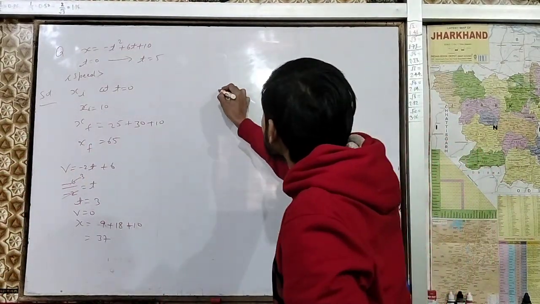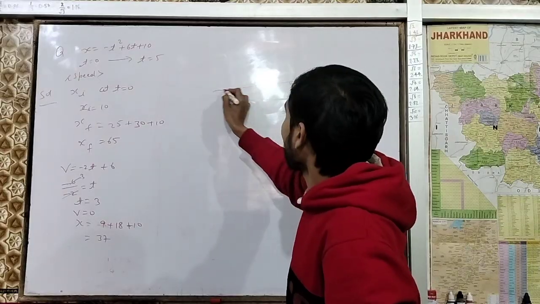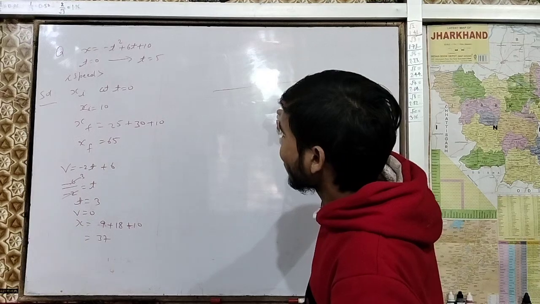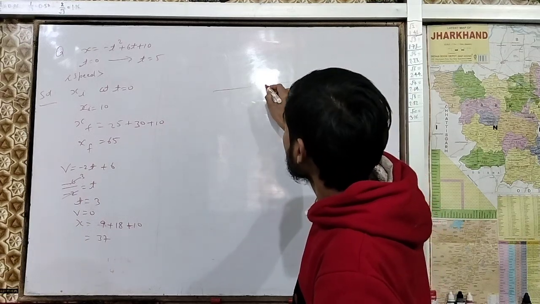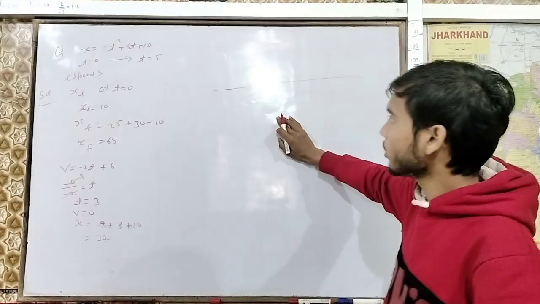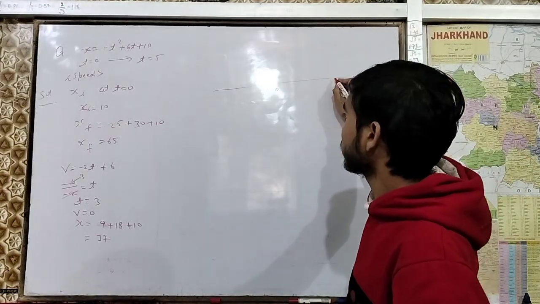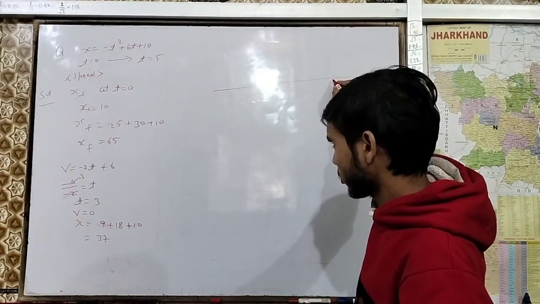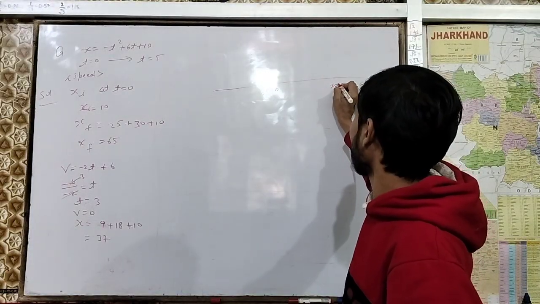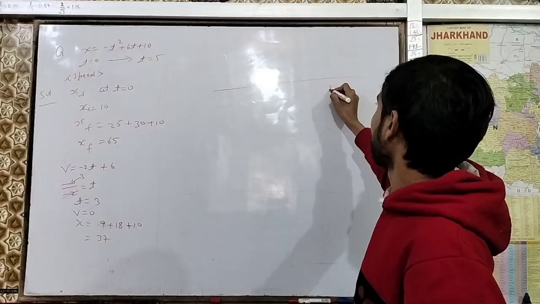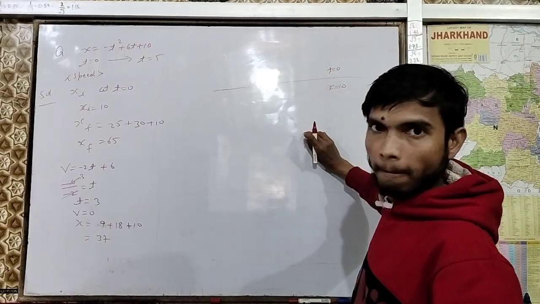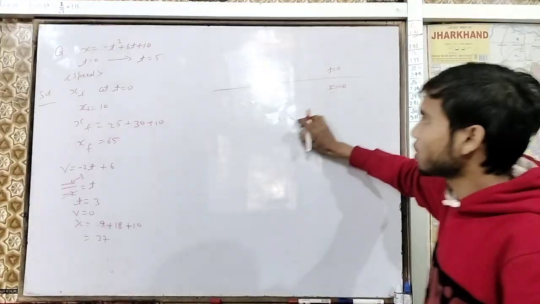Can you see the pattern? Let's say x is equal to 0 is over here. Initial location. x is 10, t is equal to 0.